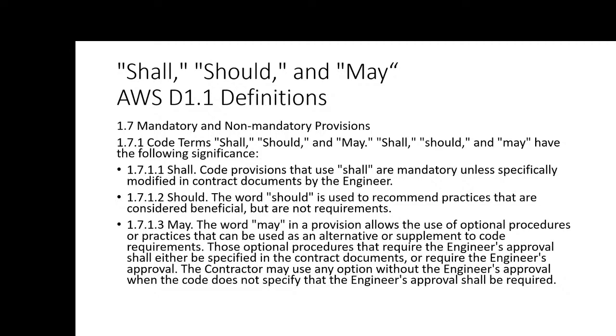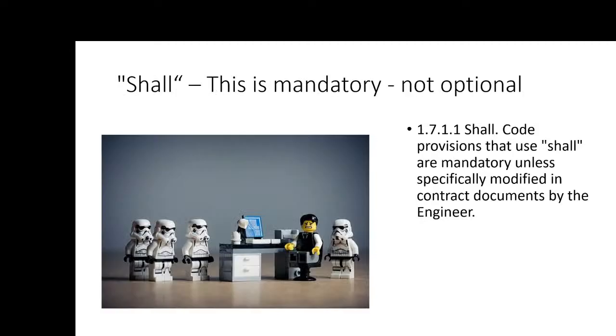I've got this broken down. Shall is mandatory. Shall doesn't give you any options. Shall is, you're going to do this. This is from AWS D1.1, 1.7.1.1: code provisions that use shall are mandatory unless specifically modified in contract documents by the engineer.